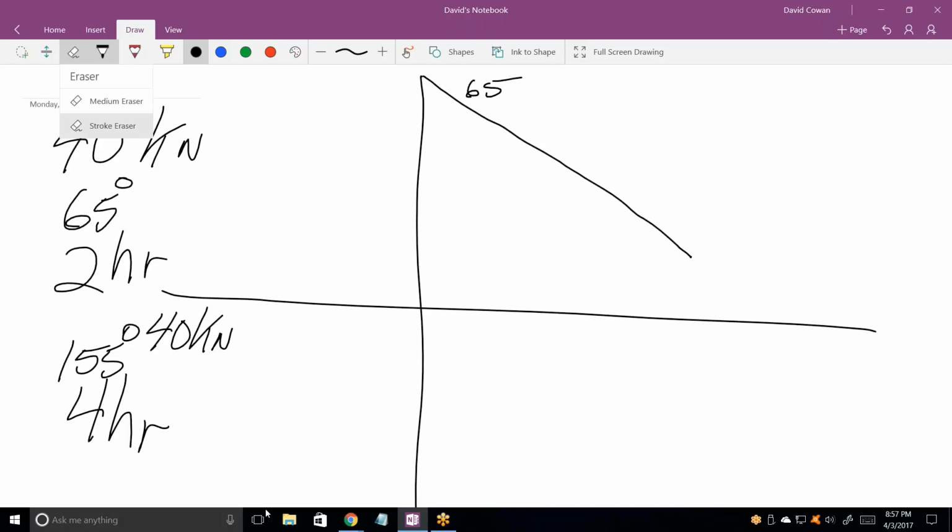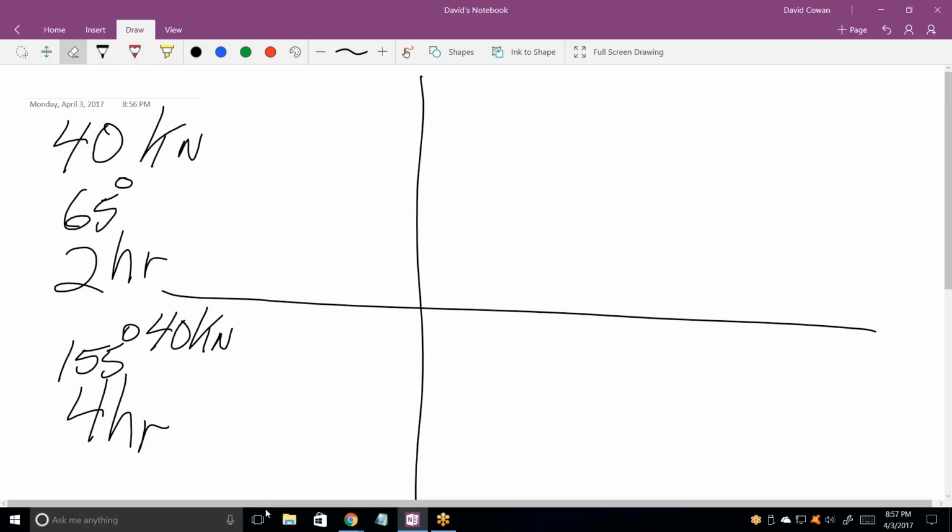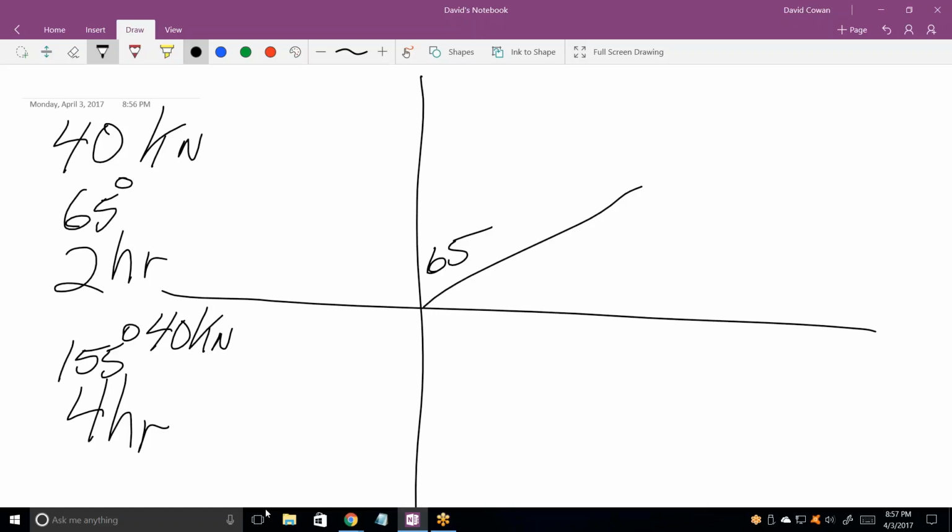Okay, that's probably a better way to do it, to always start at the origin. So 65 degrees from north, which is that way. Okay. And we're going 40 knots per hour for 2 hours, so how far did we travel? 80 knots. 80 knots to get to that point.